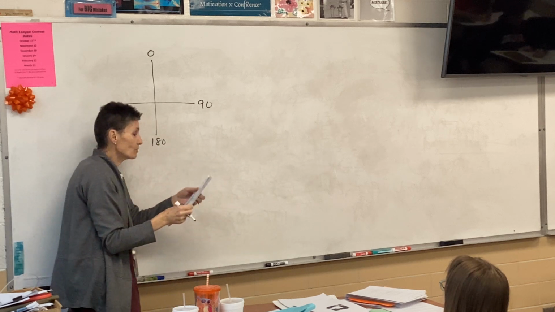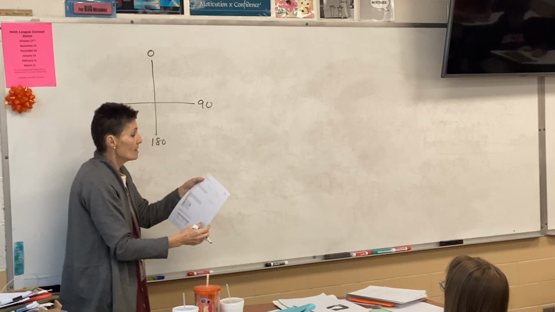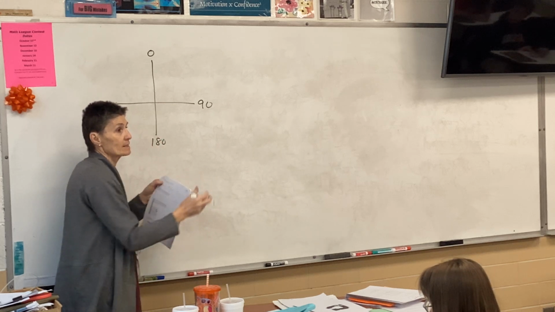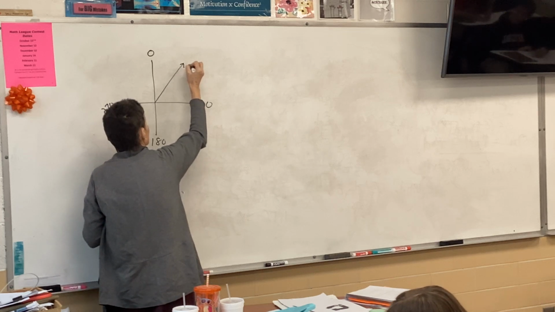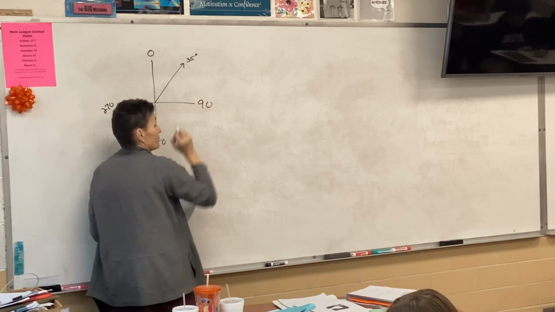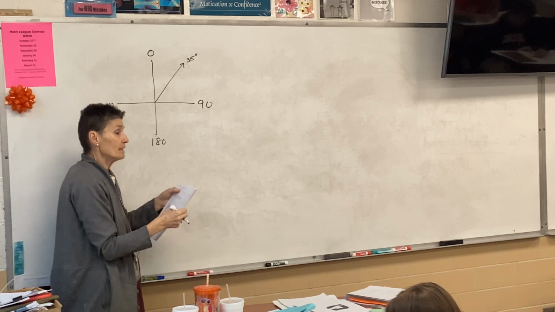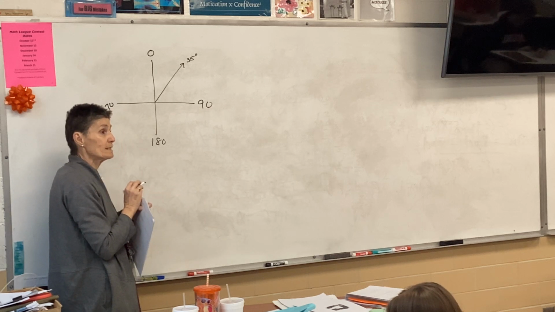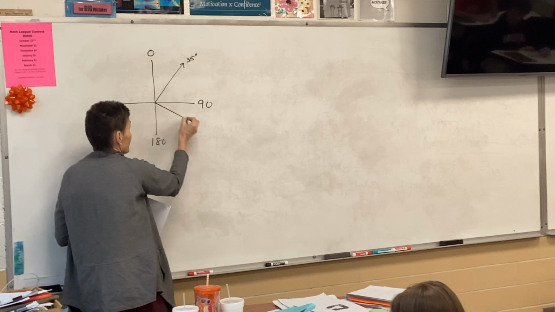So if we are drawing a ship, you don't have to draw the ship, just draw an arrow. 35 degrees, would you agree that that would look something like this? That would be our ship, 35 degrees. And 128 degrees would be down here like this.